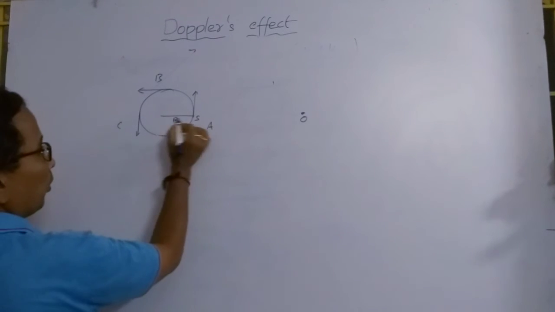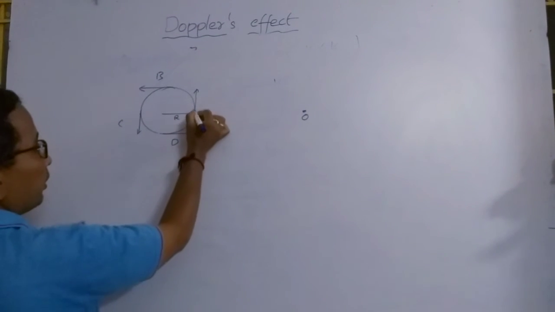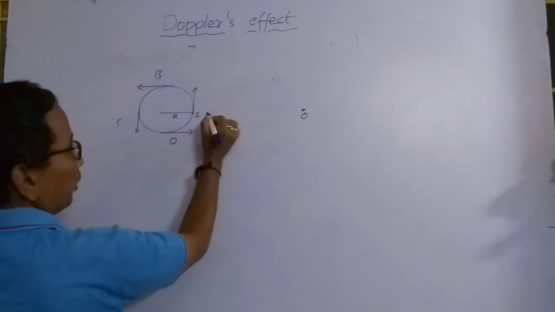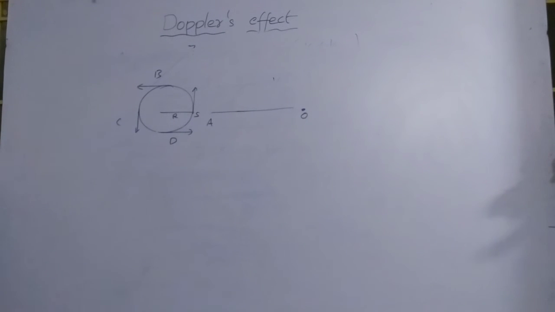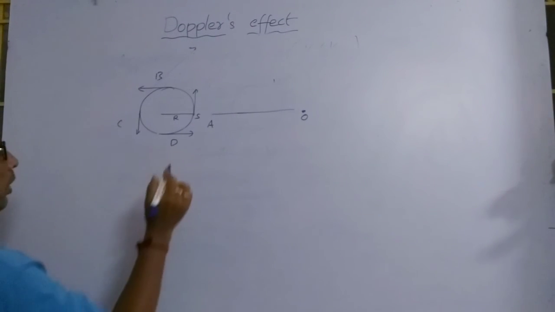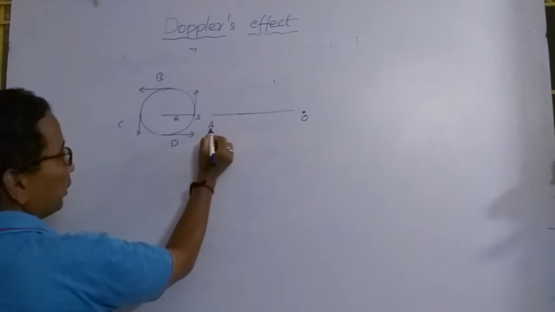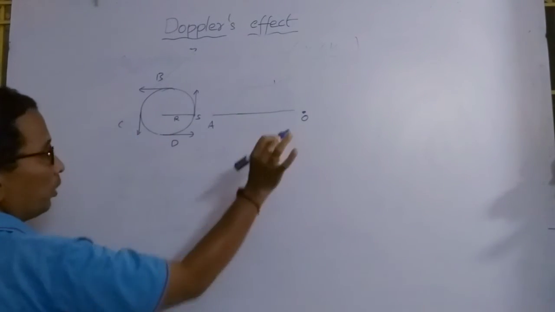That means when the body is at A, this is the direction of velocity, and this is the line joining the source and observer. Then the angle is 90 degrees. That's why when the body is at A or at C, there is no Doppler effect.